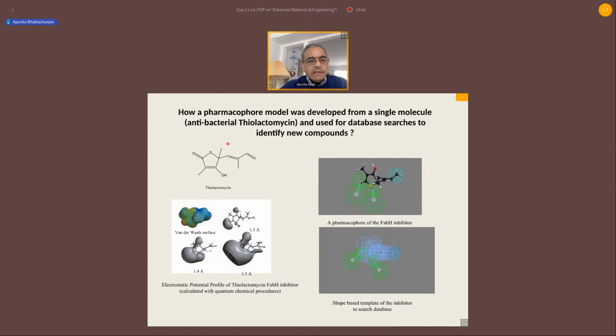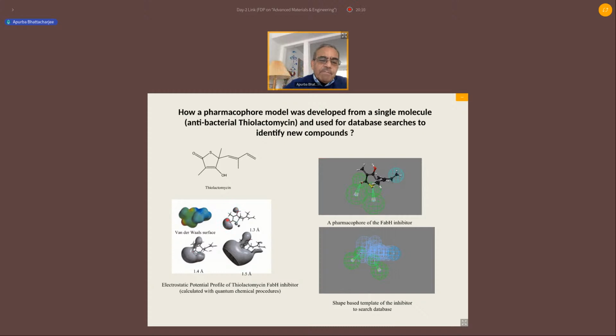So first we looked at the van der Waals surface, that means the electrostatic potential on the molecular surface, and this is how the electrostatic potential profile looks. If you go beyond this surface, about 1.3 angstrom away from the van der Waals surface, the potential looks somewhat like this.